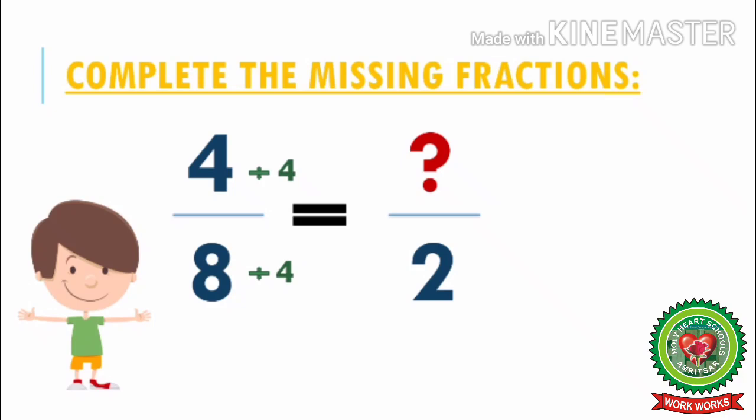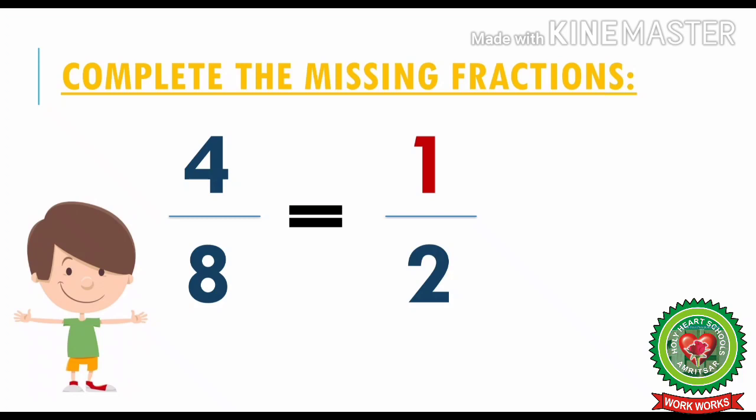Since we are dividing by 4 at the denominator, we will divide by 4 at the numerator as well. So 4 divided by 4 is equal to, yes, 1. So our missing fraction is 1 upon 2. That means 4 upon 8 is equal to 1 upon 2.